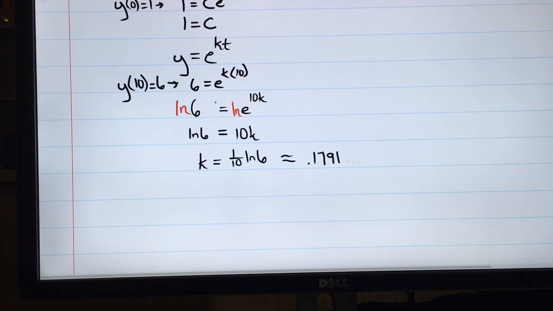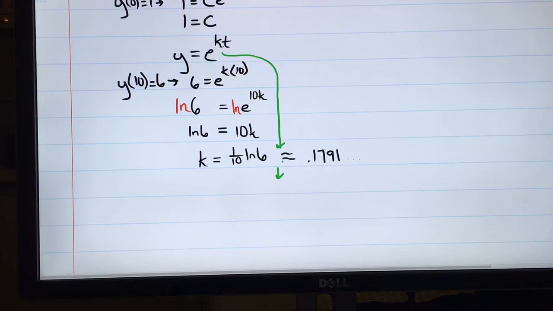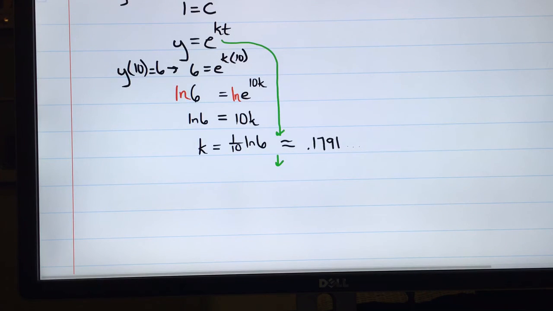Going from the general to the more specific, now that we have the value of k, plugging back in, you have y is equal to e to the k times t, so we can just say 1/10 of the natural logarithm of 6 times t.